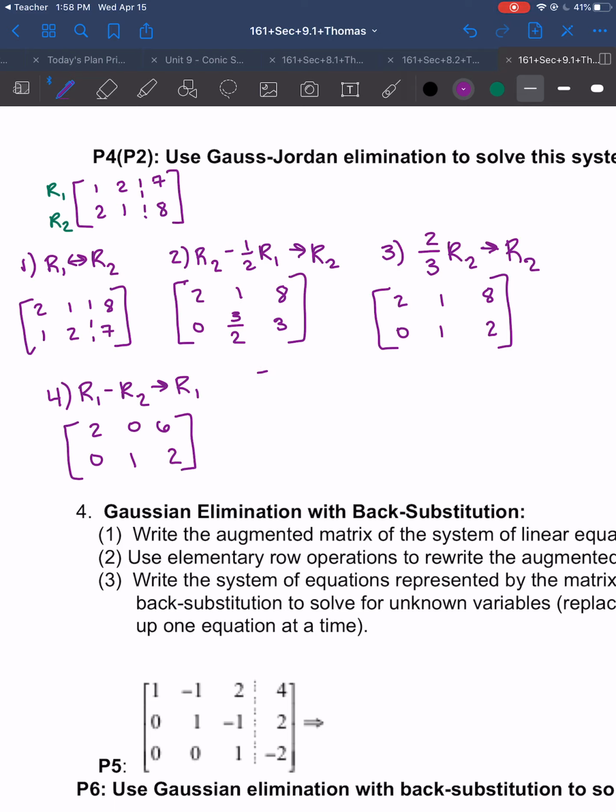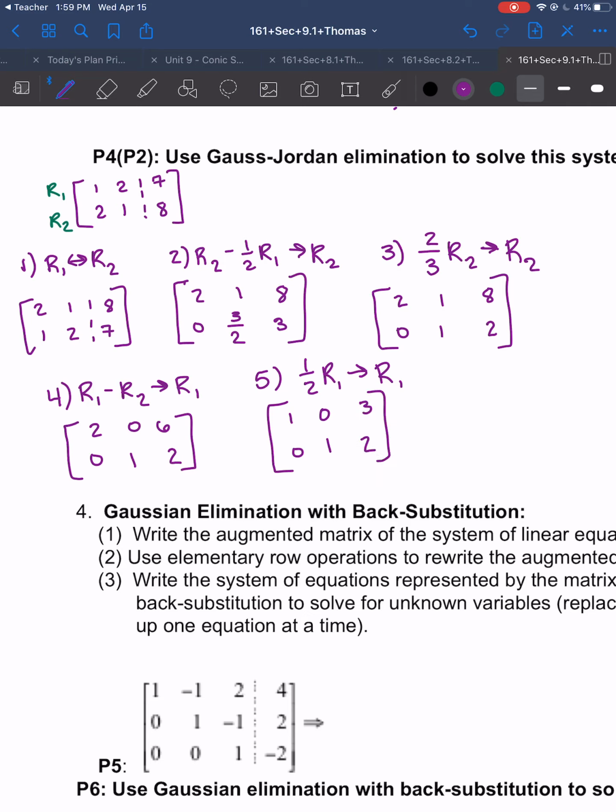And then our last step will be to get that as a 1. So I'm going to take half of row 1 and put it in row 1. So 1, 0, 0, 1, and then I get 3, 2.